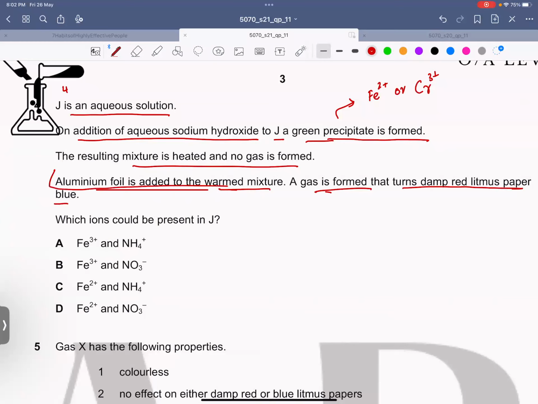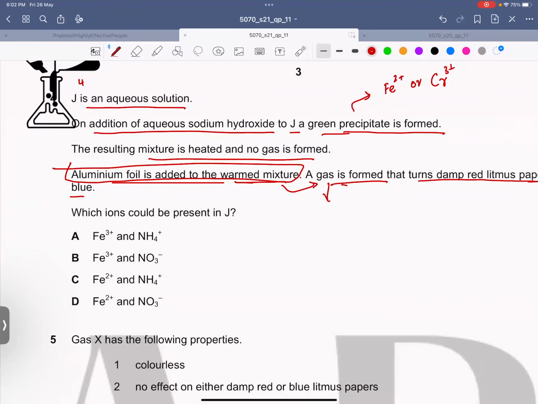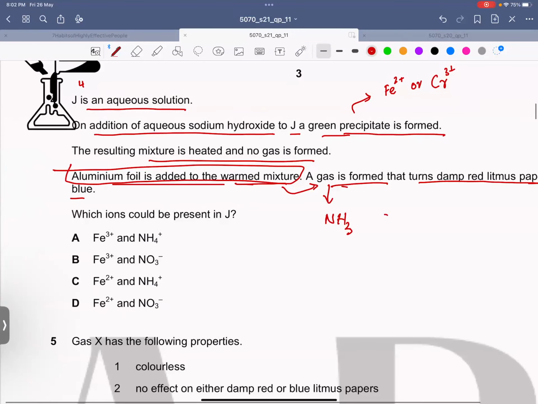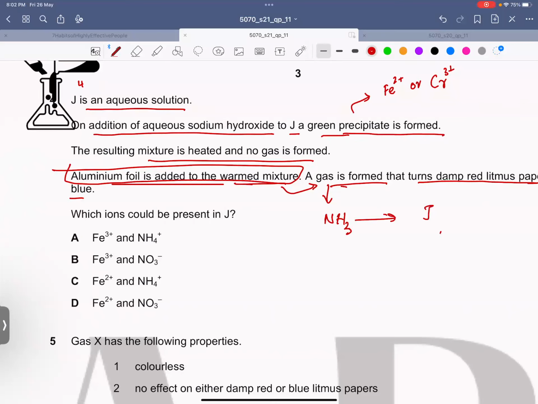So from this test, we can conclude the gas formed is ammonia, and if ammonia gas is formed, it means that in J there is a nitrate ion.